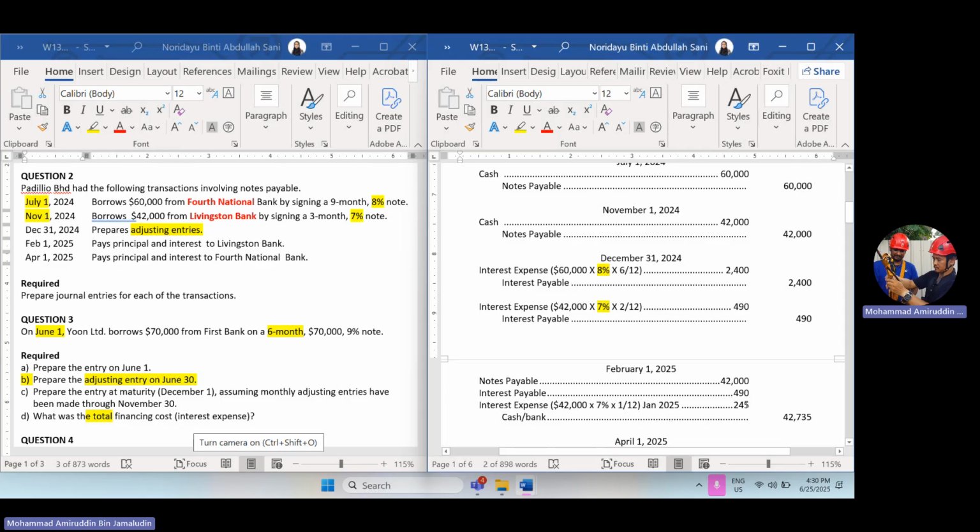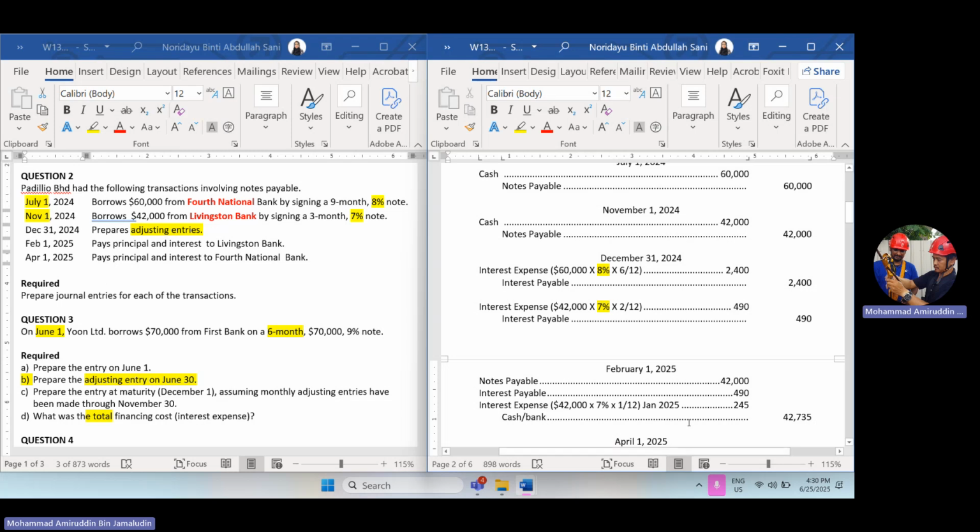And then next, how much is the interest payable? We already computed it just now. You paid on 1st February, so 490, the interest up to 31st December. And what about the interest in January? Because we pay on 1st February. This is the question Abdullah asked just now. So what about the next month?